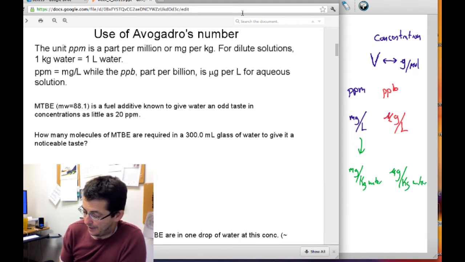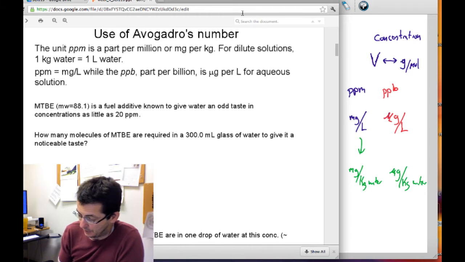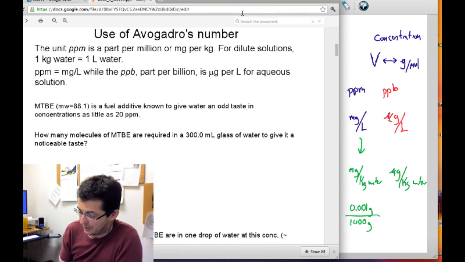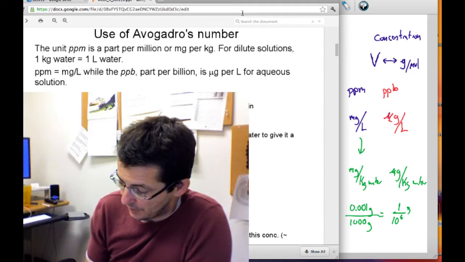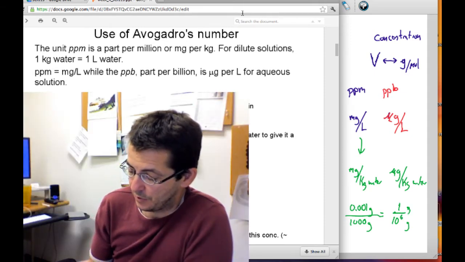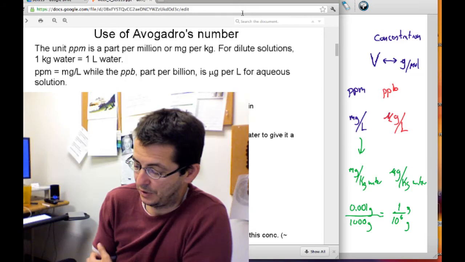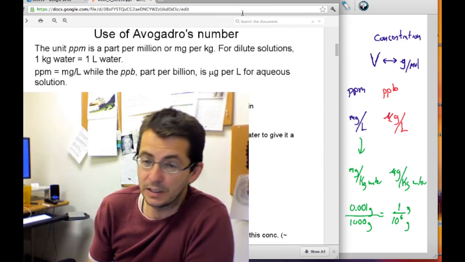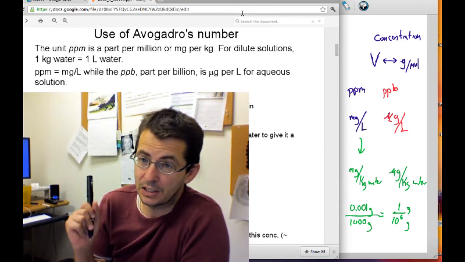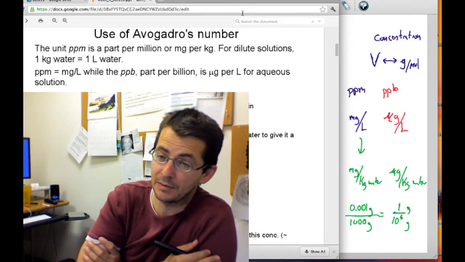And if you have an eye, you'll see that milligrams are 0.001 grams, and kilograms are 1,000 grams. And so if this was in the same units, this would be 1 per 10 to the 6th. 1 gram out of 10 to the 6 grams, or 1 part per million. So pretty slick how that works. You can do similar calculations for micrograms and get exactly the same thing.